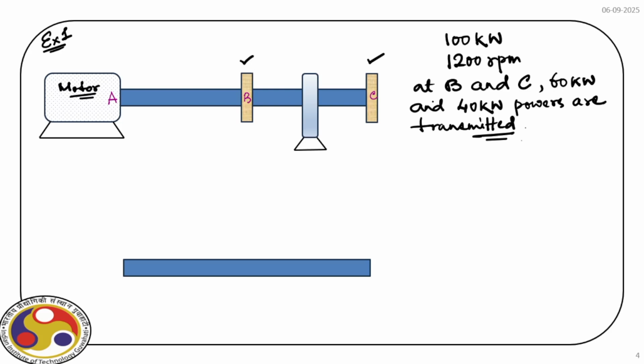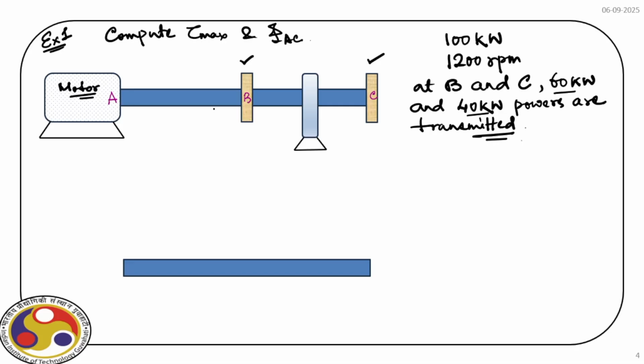Through that we use this power generated by the motor for some mechanical actions, and the amount is given here, as you can see, 60 kilowatt and 40 kilowatt. Now the question is, compute tau max and phi AC.